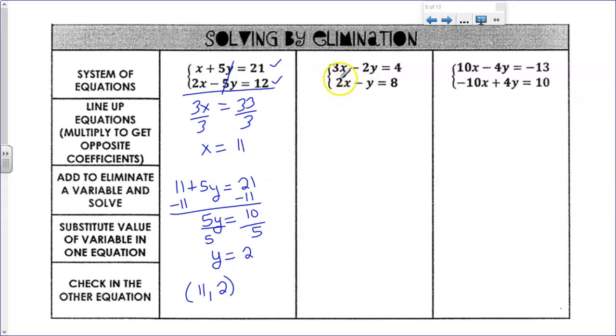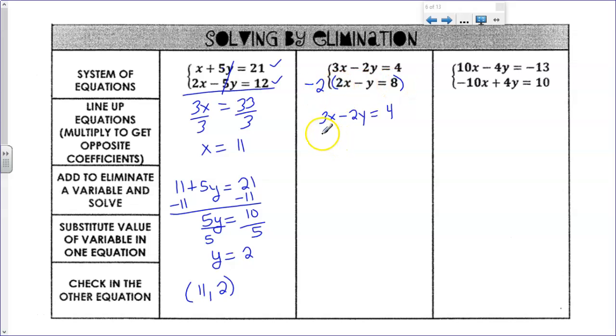I could multiply the bottom equation by a 2 to make the coefficients the same, but I need them to have opposite signs, so I'm going to multiply by negative 2. Okay, so I'm going to write the first one down because I didn't do anything to the first one. Now, if you remember the number one rule of solving an equation is whatever you do to one side of the equation, you have to do to the other. So if I'm multiplying this by negative 2, I have to do it to the whole equation.